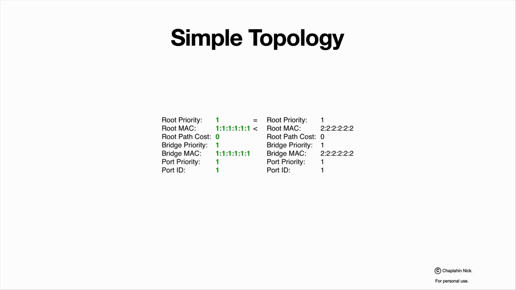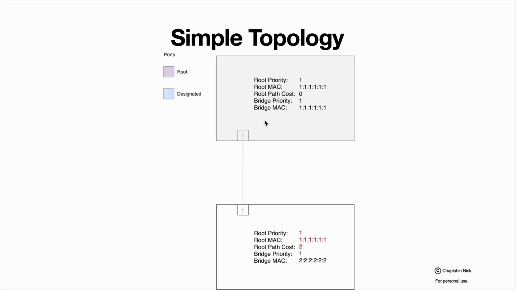We have a winner. What does this winner tell us? For the top device, the winner is the actual information that was sent from our port. So the top device knows for sure that it remains root. Its root information has higher priority. He's the boss. The bottom switch agrees with that.